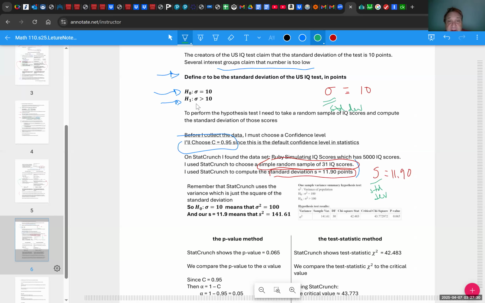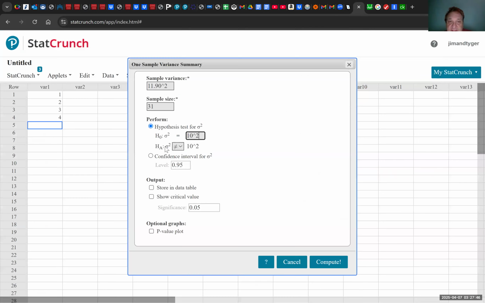Oh no, it's a greater than sign. So the alternative hypothesis was sigma is greater than 10 because the interest groups think that the number is too low. So what they're saying is it should be higher than 10. So sigma greater than 10 is our alternative hypothesis. In this case, it's sigma squared is greater than 10 squared, which I guess is 100. I could have typed in 100 there.